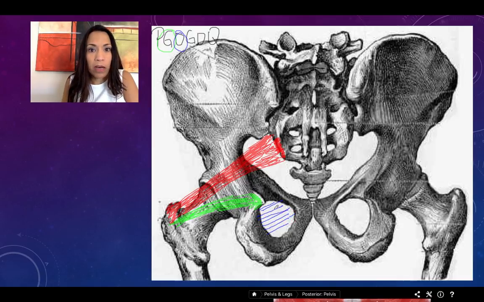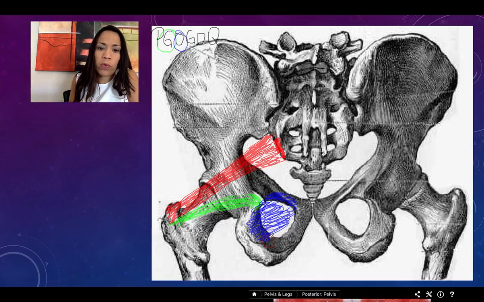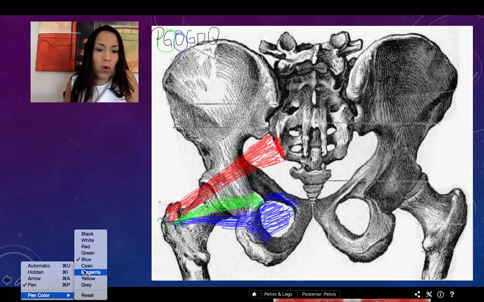This muscle, the obturator internus, attaches to the medial side of this membrane, and some part of the pubic bone, part of the ischium, and all of this rim of the obturator foramen. And from there, where are we going to? Again, greater trochanter. As you can see, well, I'm drawing it like that, but most of these muscles are overlapping. I'll show you later. Now, the next is an O, right?